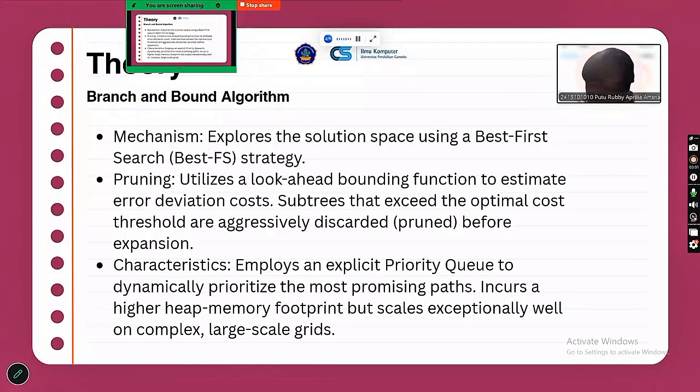As for the characteristics, it employs an explicit priority queue to dynamically prioritize the most promising paths, incurs a higher heap memory footprint, but scales exceptionally well on complex, large-scale grids.